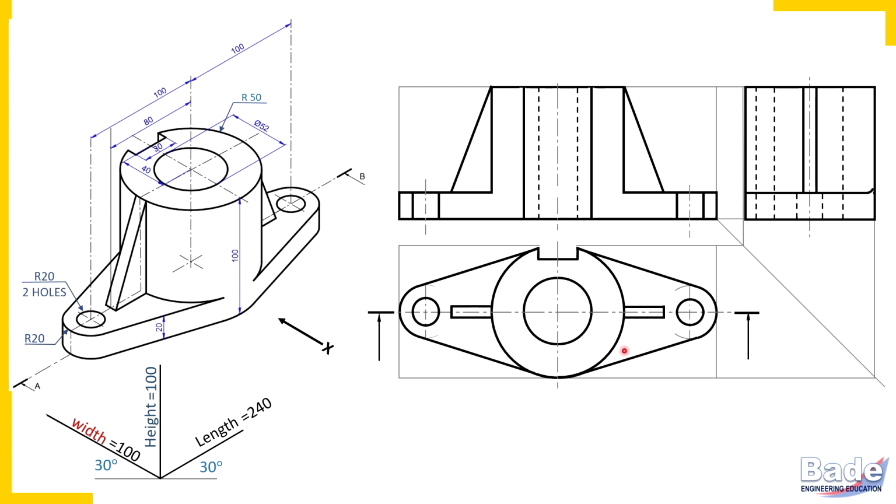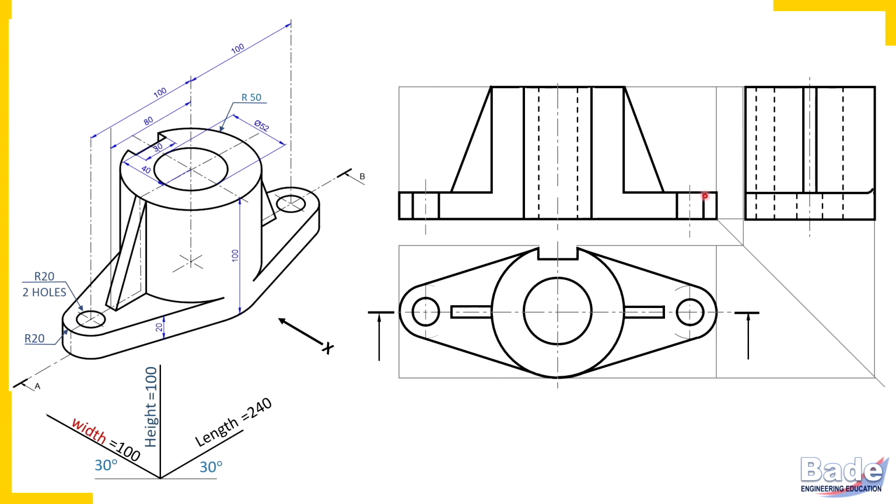So remember, those hidden details become visible because of cutting. Of course, you should make them visible in sectional view. So those hidden lines are now no more hidden. So this hole is visible, this hole is visible.